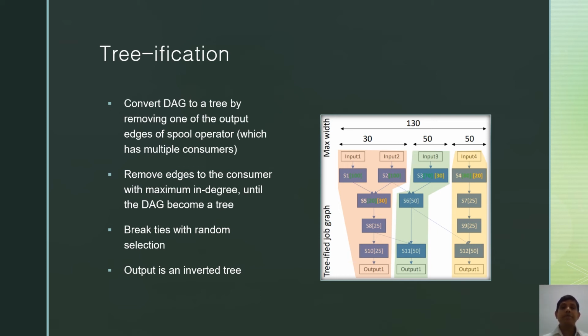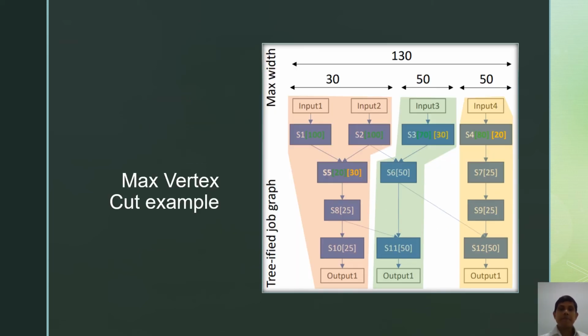In the next slide, we can see how our greedy algorithm works to calculate the overall resource requirement. As I mentioned in the previous slide, treeification results in 3 different trees represented by 3 different colors.